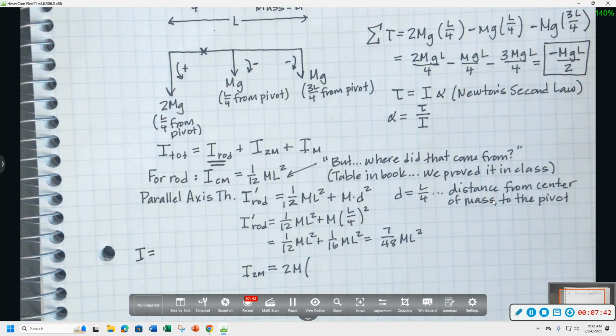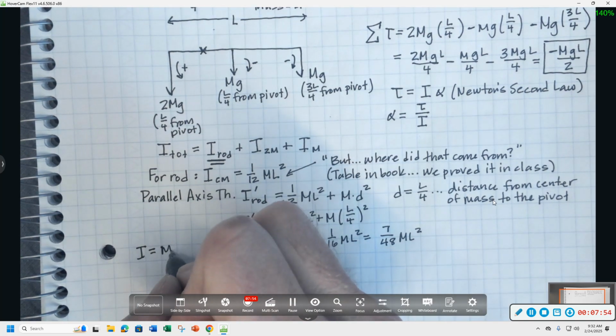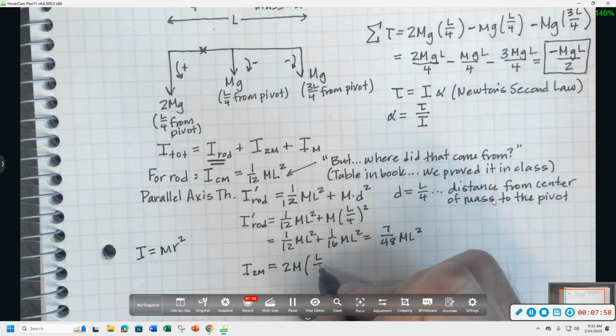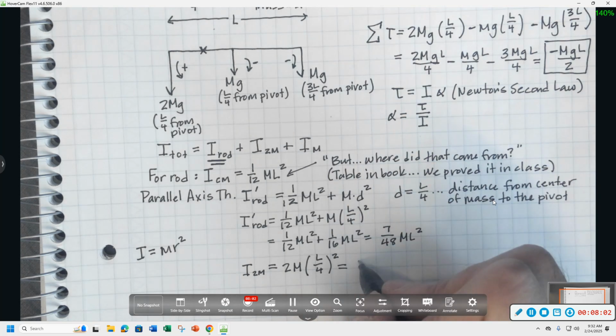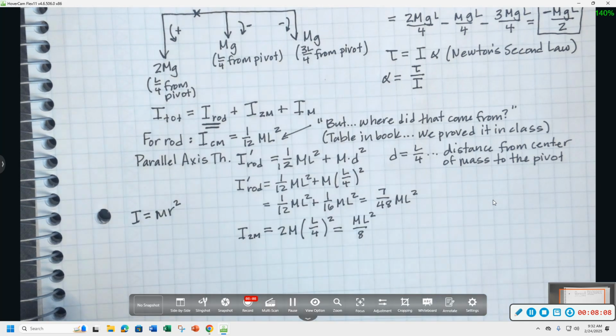If we're talking about a system where we have just multiple masses in it, we're taking the mass and multiplying it by the distance squared, right? So we're thinking of it as the sum of the mass times the distance squared. The distance here is L over 4.